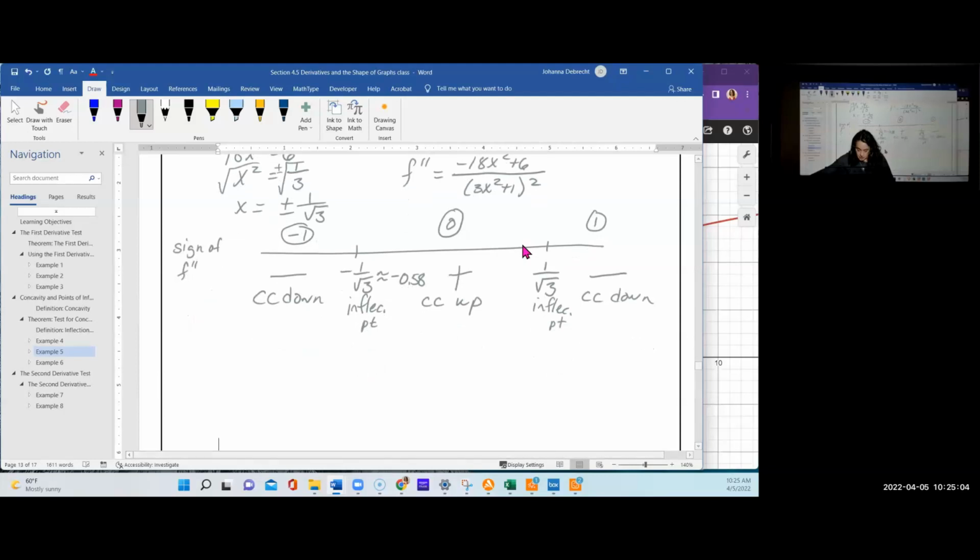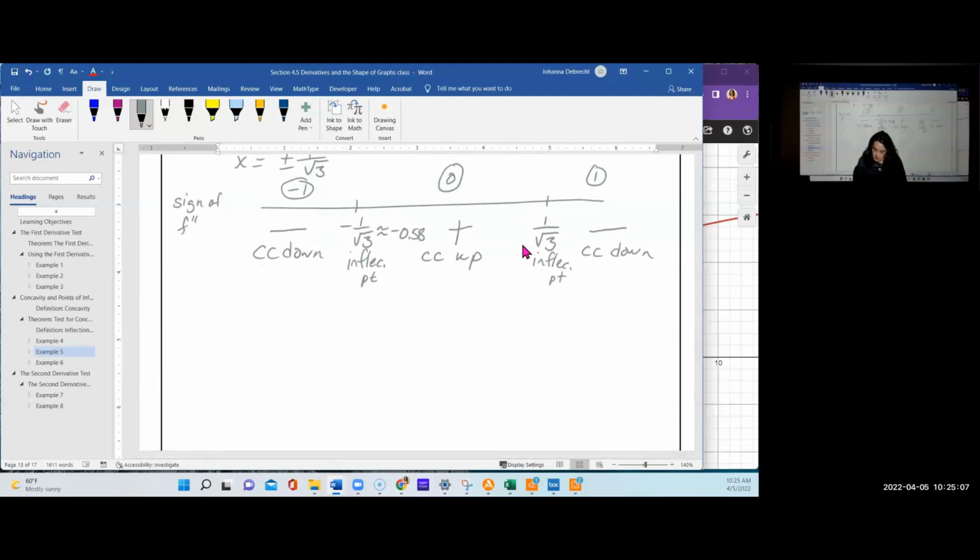So now we want to include this information. So we have it concave up over the interval from negative 1 over the square root of 3, which again is about negative 0.58, to 1 over the square root of 3, which is about 0.58.